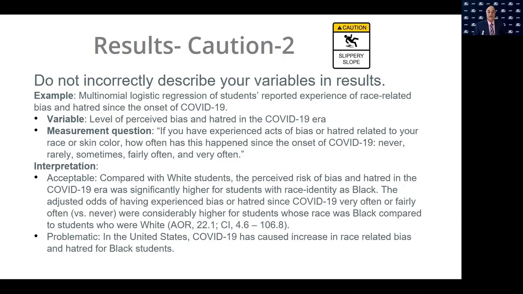So given, for example, the variable is the level of perceived bias and hatred in the COVID-19 era. There is the measurement question: if you have experienced acts of bias or hatred related to your race or skin color, how often has this happened since the onset of COVID-19?